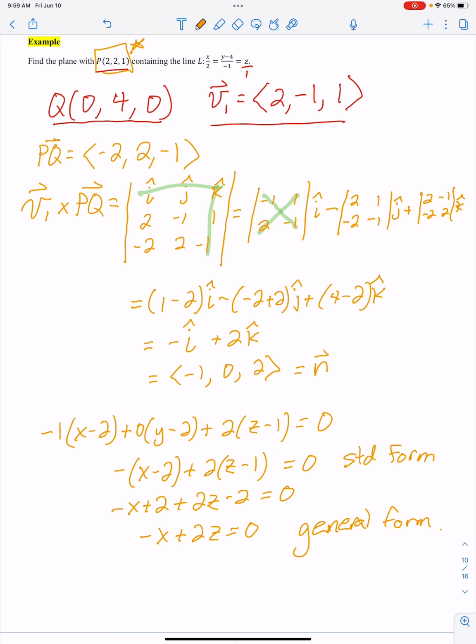If that's not the case, then we just make sure we find two vectors inside the plane, cross them, and that gives you a normal vector. Then you use a point that you have, and then you can find the plane. This is going to reoccur a lot. I need you to get in your head that when we cross vectors, it's orthogonal to the beginning vectors.